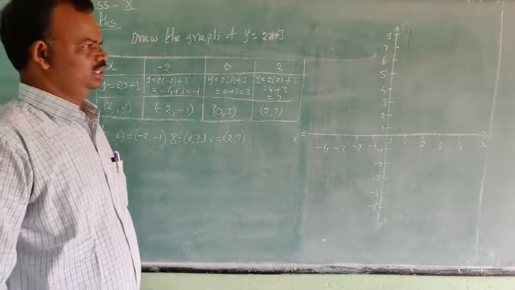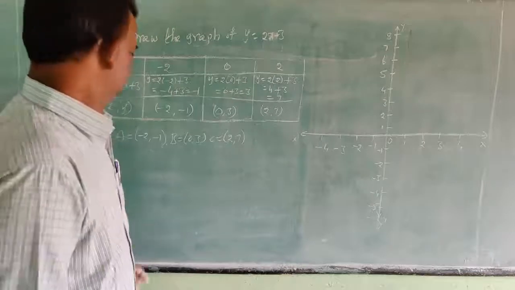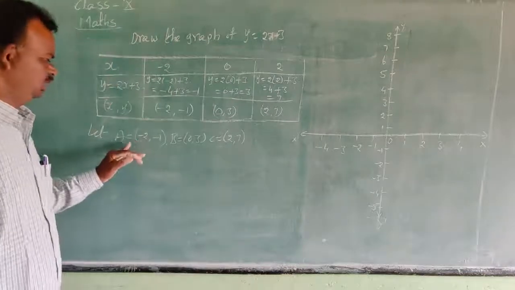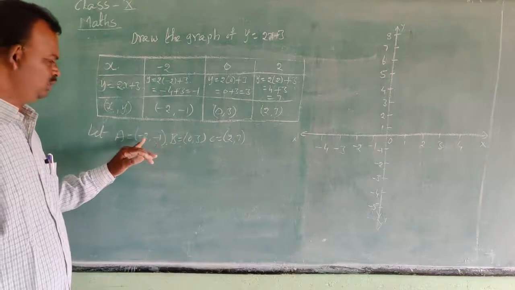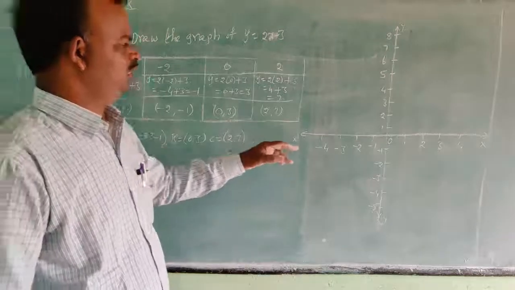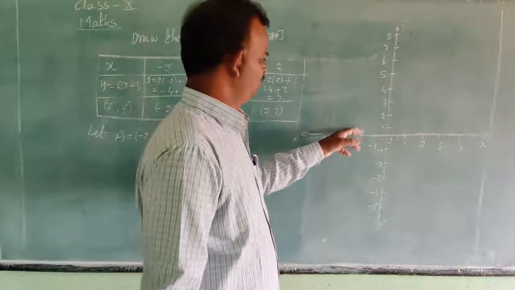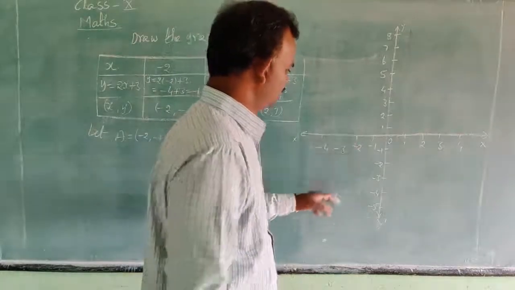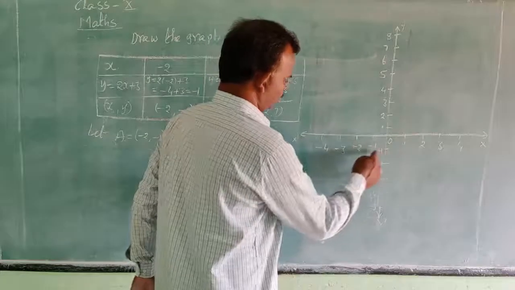Plot these axes on a graph. We have plotted the point A minus 2 comma minus 1. That means x value is minus 2 and y value is minus 1.